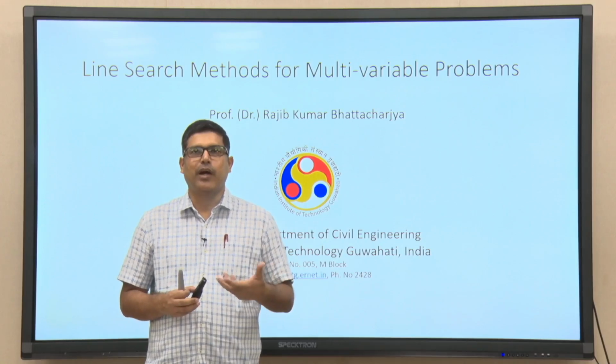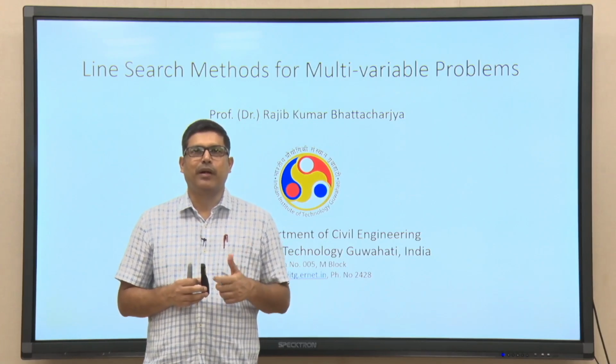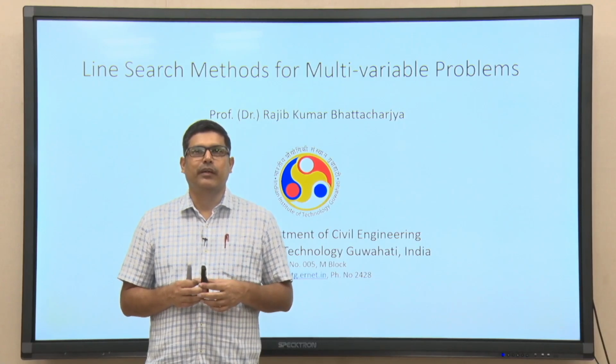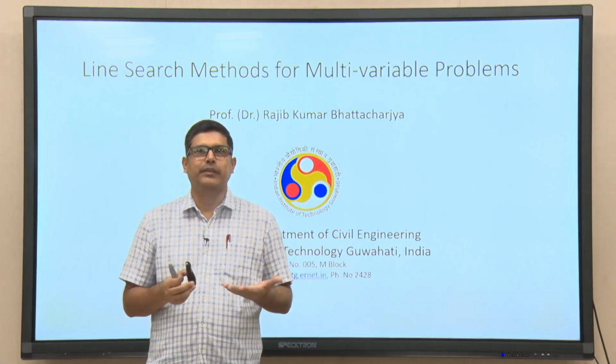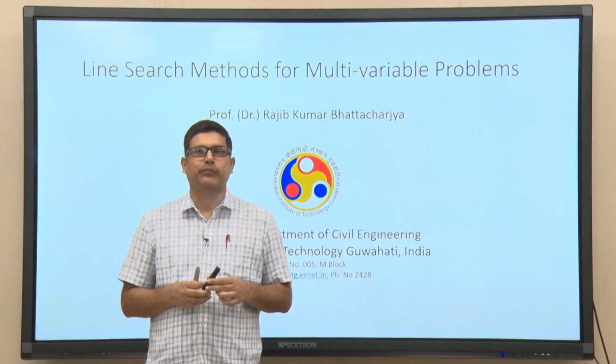Before that we applied the bracketing algorithm to bracket the optima, and after that we applied region elimination techniques like the golden section search technique, then the interval halving technique, then the bisection technique, and also we discussed the Newton-Raphson method. So, you can also apply the Newton-Raphson method to find out the optima of a single variable optimization problem.